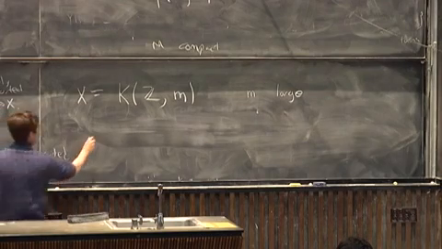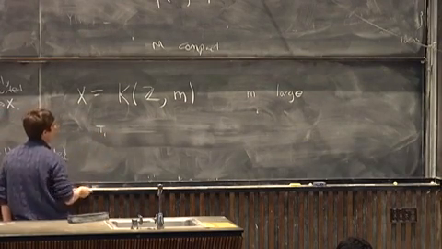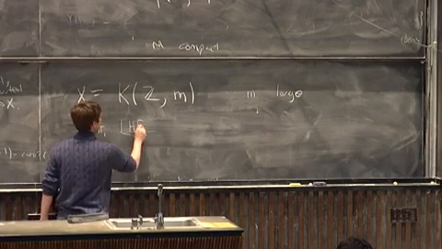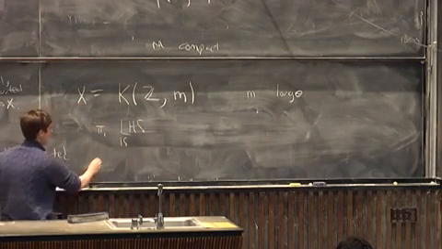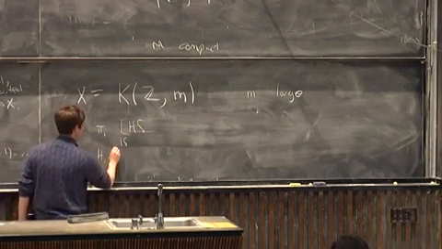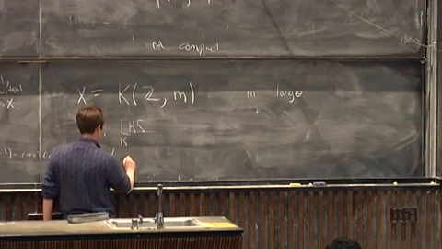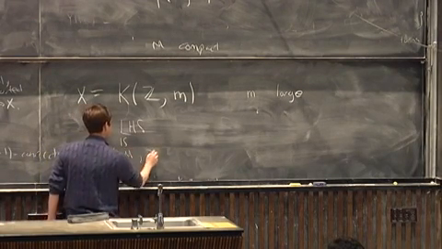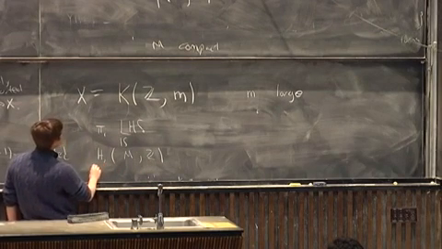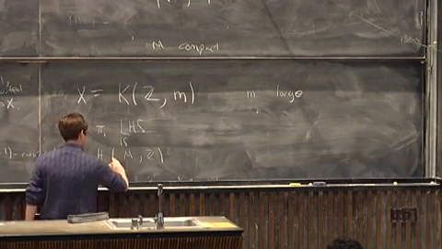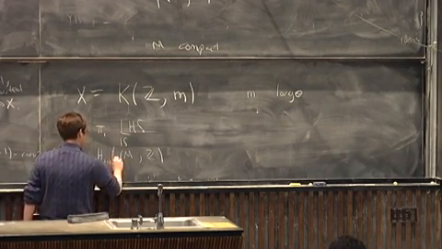And then what happens? Well, if you take the ith homology group of the left-hand side, this ends up being isomorphic to the homology of M in degree, I think this should be plus n minus m.